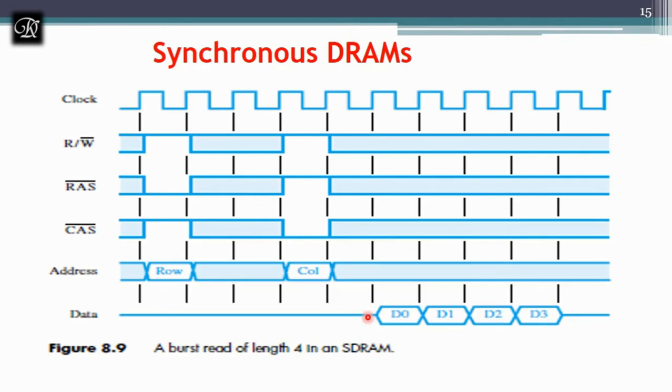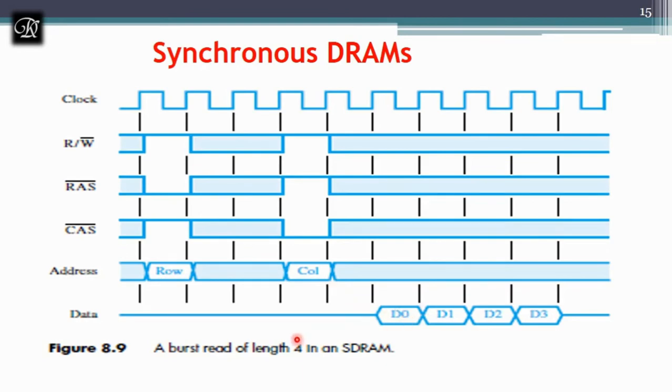Then the column address is latched under the CAS. Once after this row, we are going to enable the column, which is under the control of CAS. After the delay of 1 clock cycle, we can notice here, the first set of data bits is placed on the data line. After this delay, the first data block is placed on the data line.